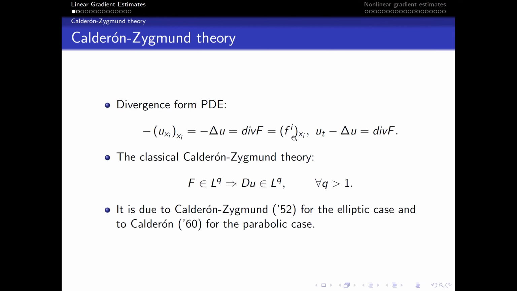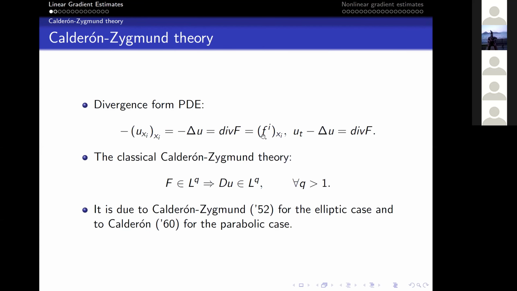From this PDE, it is clear that the non-homogeneous term F is under control by gradient U. The classical Calderon-Zygmund theory tells us that if F belongs to L^q space, then gradient U belongs to L^q space for every q bigger than 1. This is due to Calderon-Zygmund in 1952 for the elliptic case, and to Calderon in the 60s for the parabolic case.